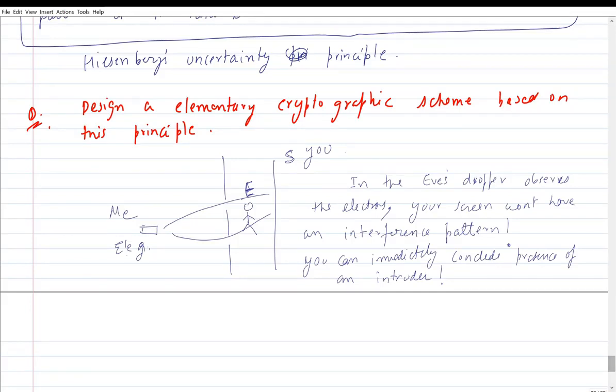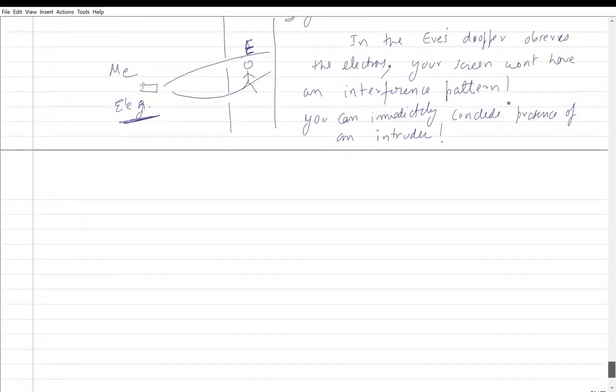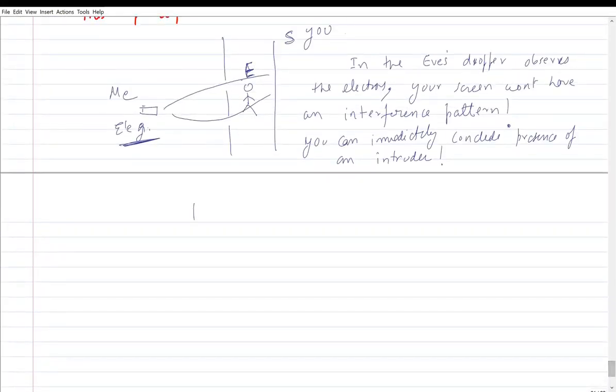You and I are sending secret messages. This is me, this is you. And we know that these messages have not been intercepted if this is what I observe on the screen.